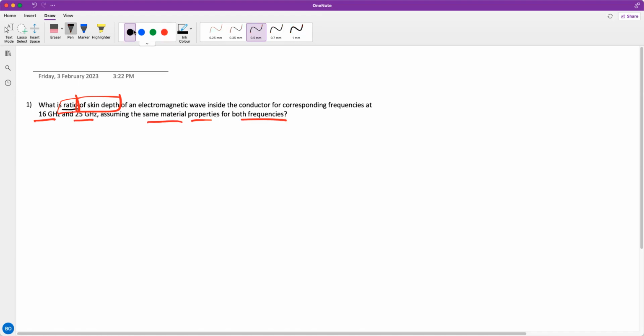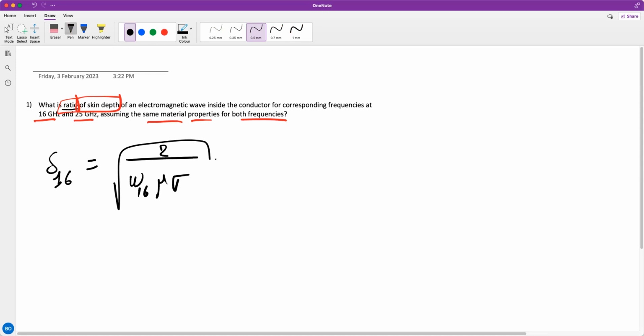This is a very easy question. Delta 16, the skin depth corresponding to 16 gigahertz, is equal to the square root of 2 divided by omega 16 mu sigma, where omega 16 means omega at 16 gigahertz, with the same material properties. And delta 25 is the square root of 2 over omega 25 mu sigma.